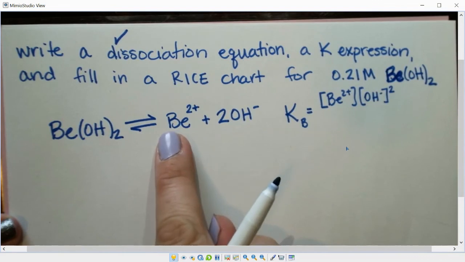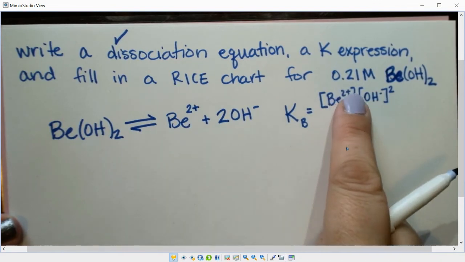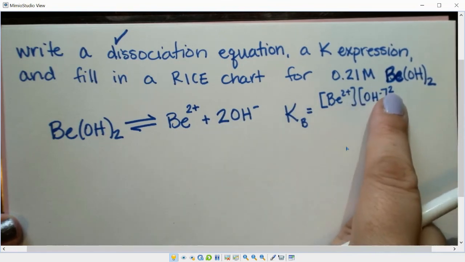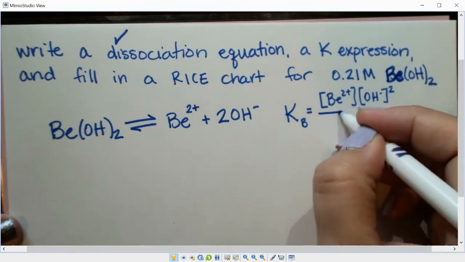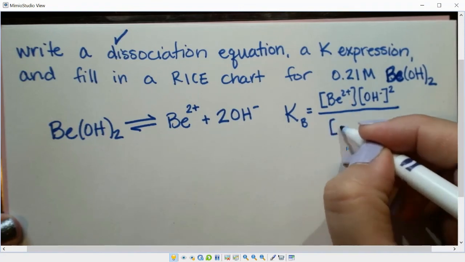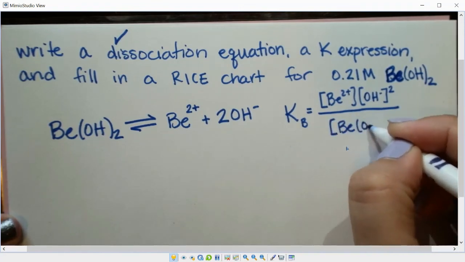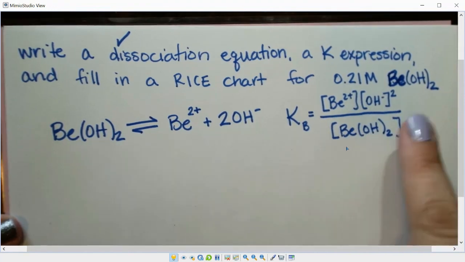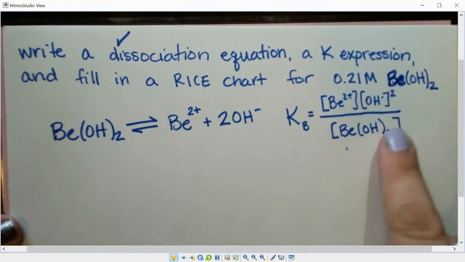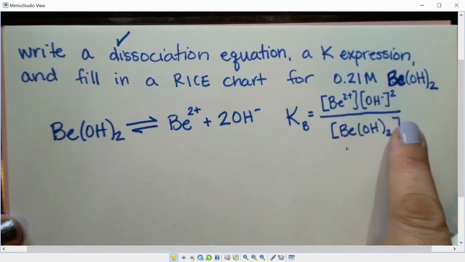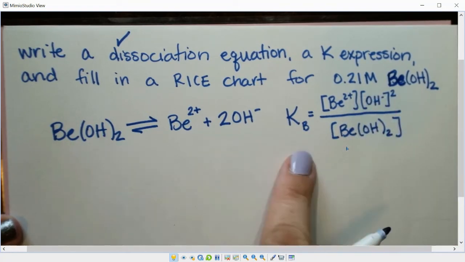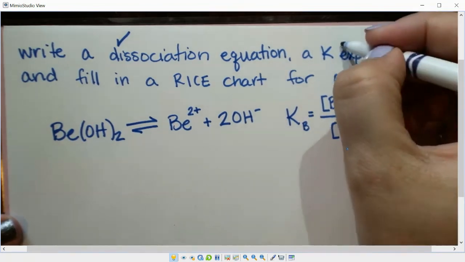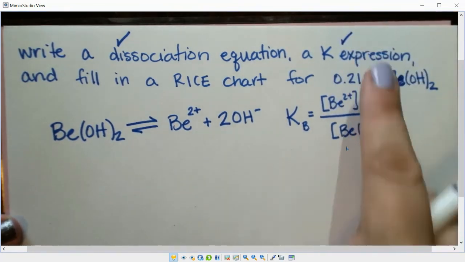Since beryllium has a coefficient of 1, it gets a power of 1, and since hydroxide has a coefficient of 2, it gets a power of 2. And then we put this all over the concentration of the stuff on the left, the reactants. So it is always products over reactants raised to their respective powers. Okay, so that is the K expression, and I just realized that I forgot to do the K expression on the first example, but I hope you guys can handle that.